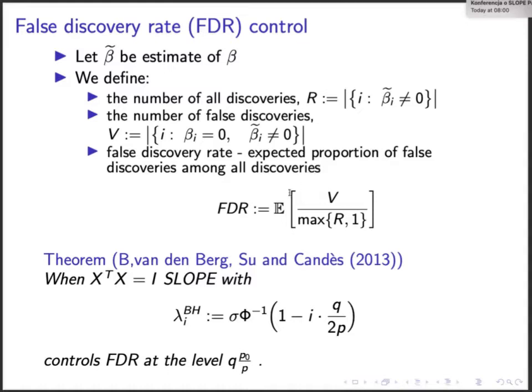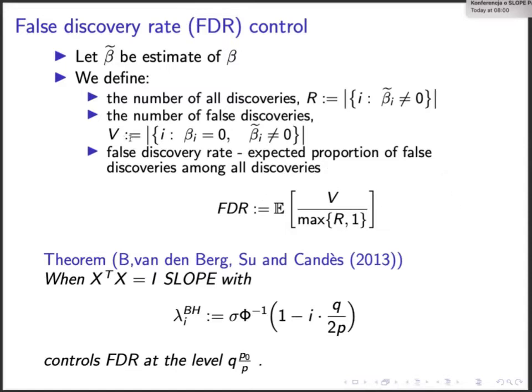So in many fields of science, people are now after false discovery rate control. When you apply false discovery rate control, you allow for some false discoveries to appear as long as they constitute only a small proportion of all discoveries.